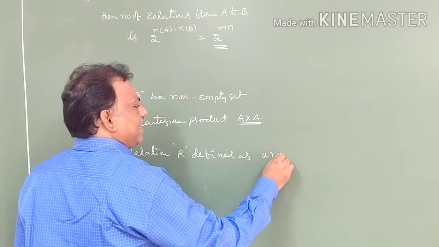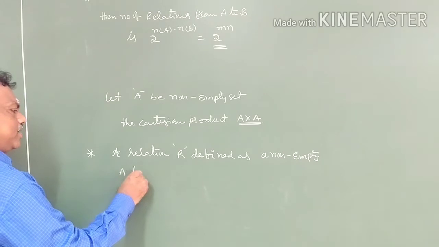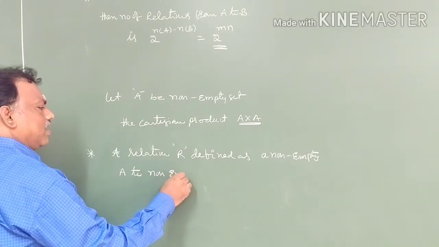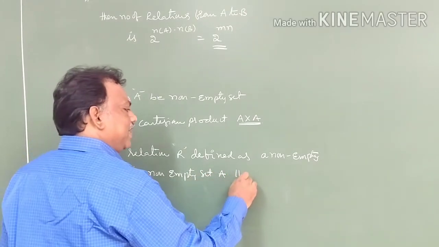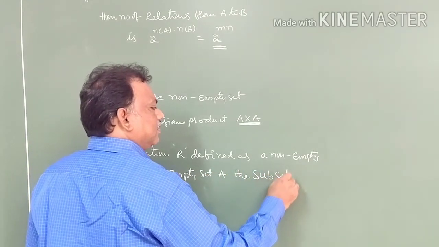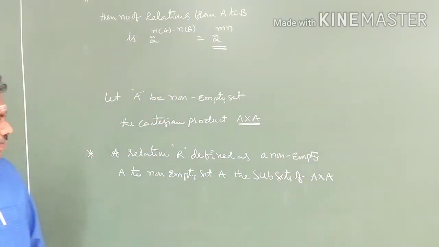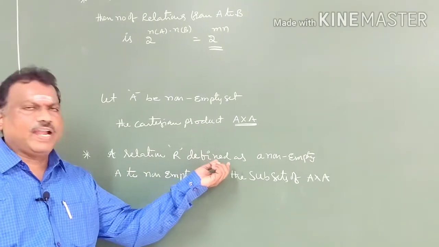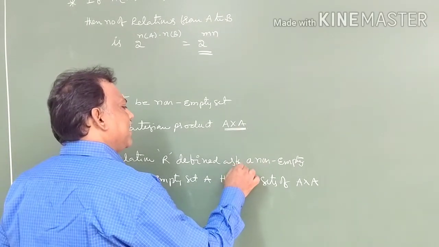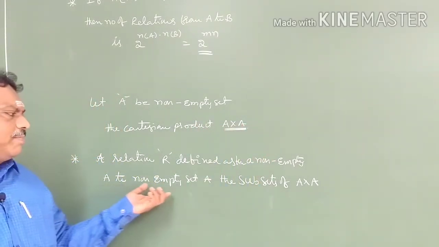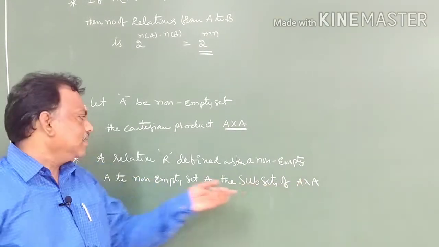a non-empty set A to non-empty set A, the subsets of A cross A. Once again you remember, the relation R is defined as from a non-empty set A to non-empty set A. The subsets of A cross A is called a relation.